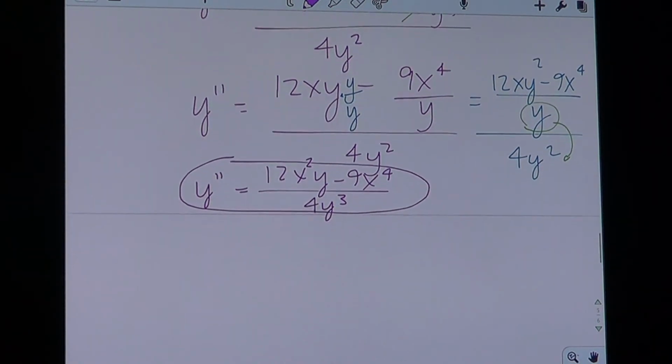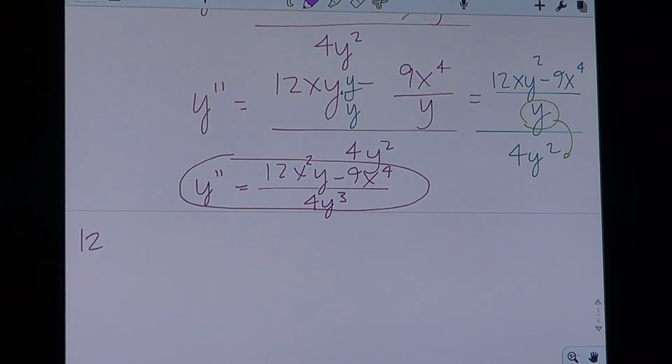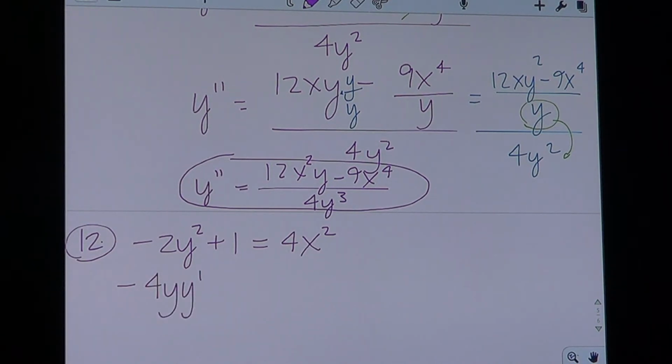Okay. So 12. How would we start? Negative 4y, y prime equals 8x.